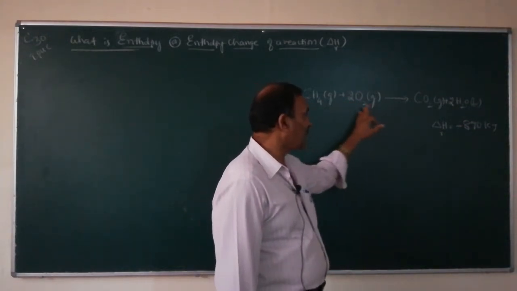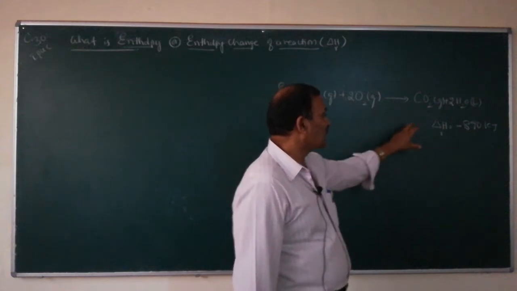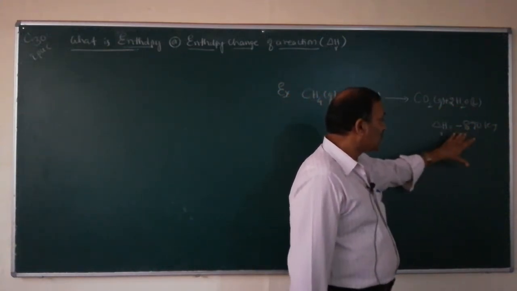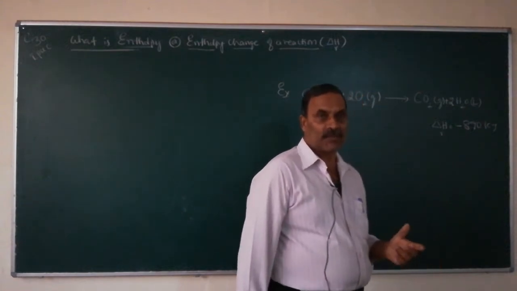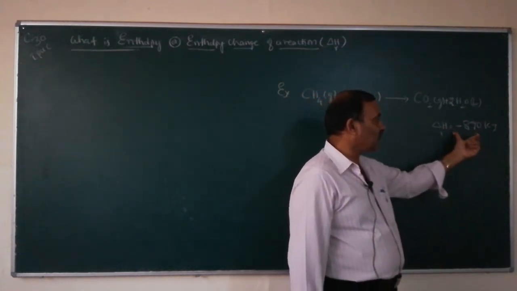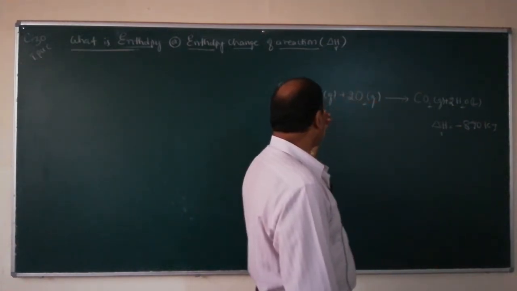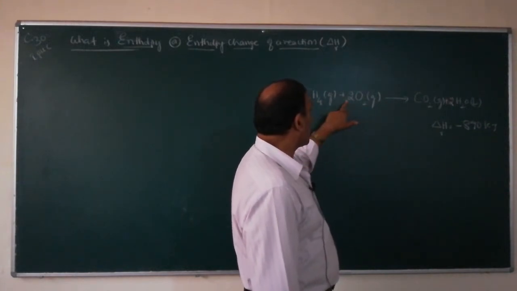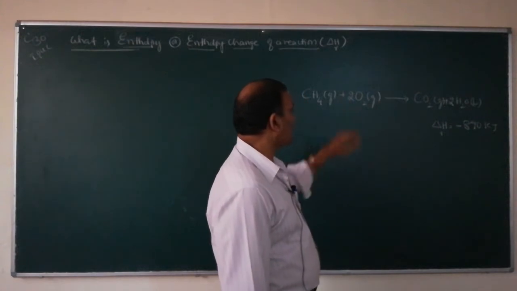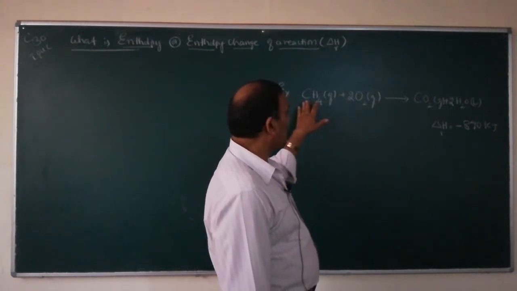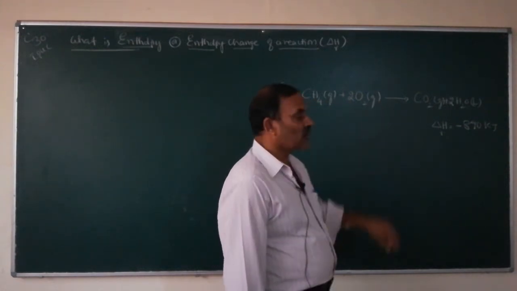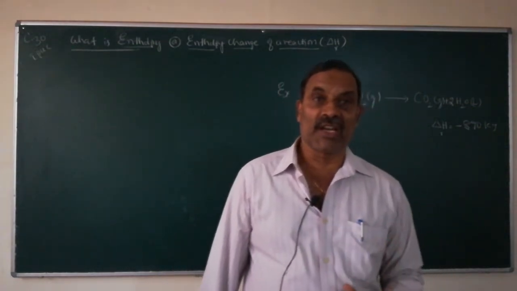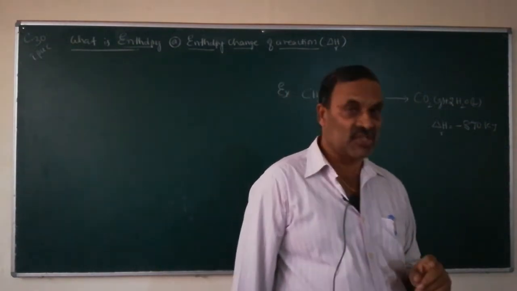So this is a balanced chemical equation. This is the amount of enthalpy change produced. This is called enthalpy of the reaction. It is defined as the enthalpy change produced when reaction takes place between molar quantities of substances, as indicated in the balanced chemical equation of a reaction, to give products. So this is the definition.